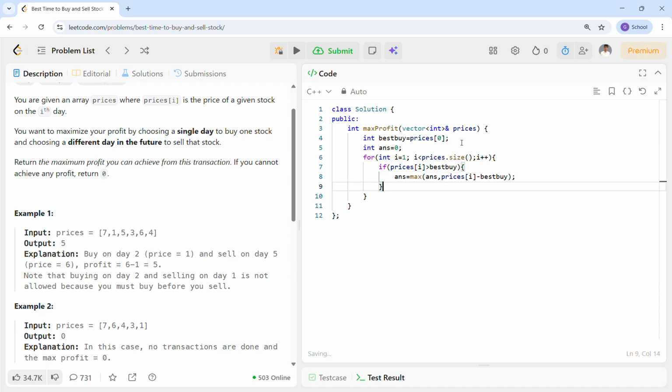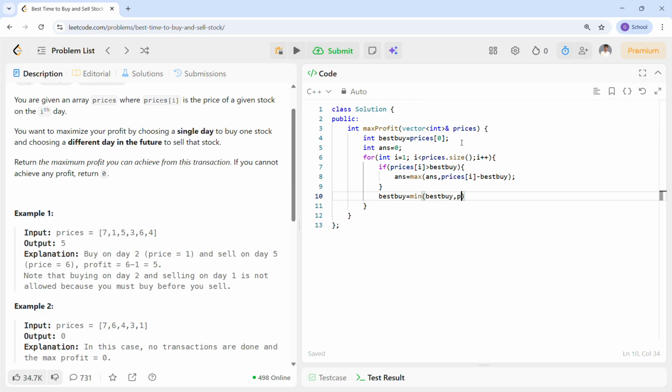And at every step I'll also update best buy. As I move forward in the loop, I'll see if at any time I get a minimum best buy compared to the previous one I have considered.